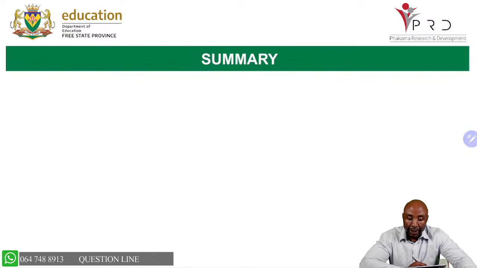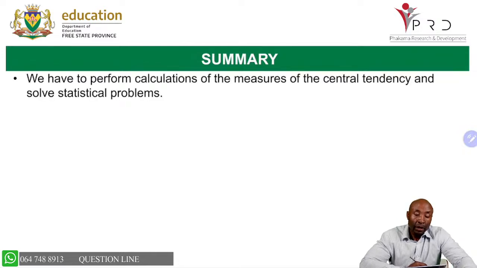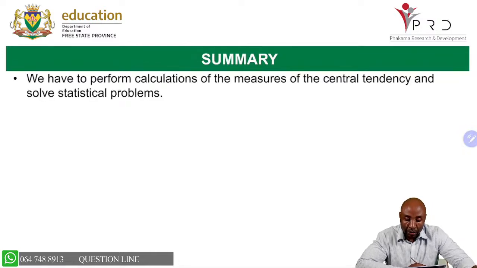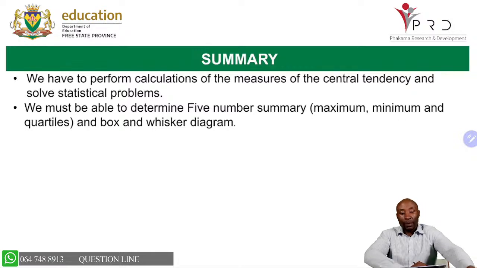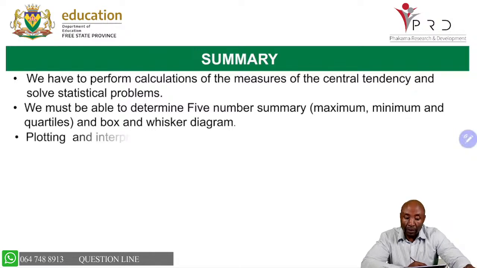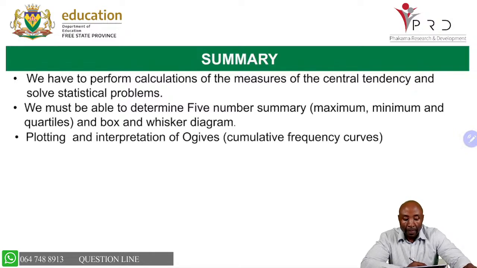Now, in summary, we are saying we have to use our calculators to perform calculations of measures of central tendency and solve statistical problems. We must be able to determine the 5-number summary and use it to draw and interpret a box and whisker diagram or plot. We have to plot and interpret an Ogive, our cumulative frequency curve, and we should be able to also determine a box and whisker plot from an Ogive.